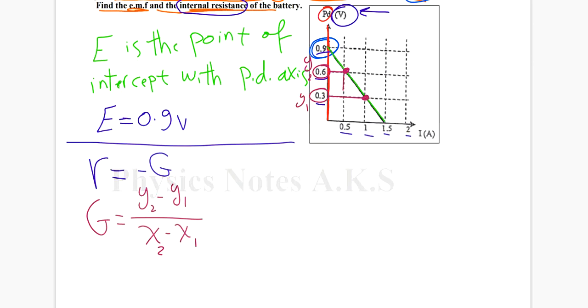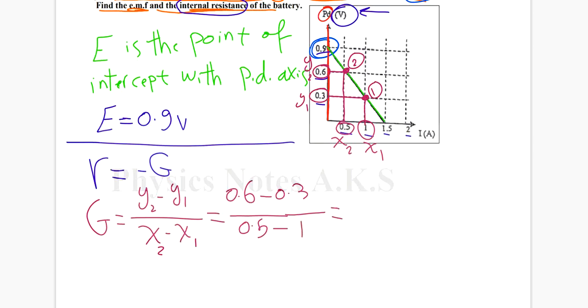Here is going to be x2, and here is going to be x1, because this is the first point and this is the second point. So y2 is 0.6, y1 is 0.3, x2 is 0.5, x1 is 1.